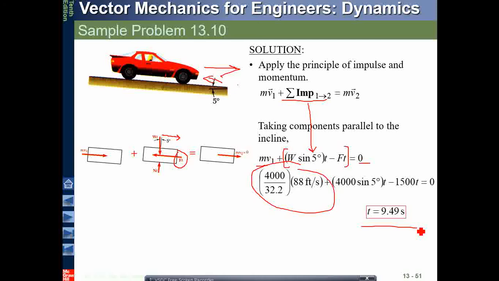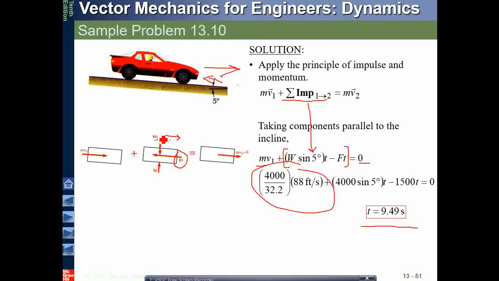If it had not been traveling at an inclination, the inclination would have been 0, then sine theta would have been 0, and there would be no impulsive force. However, since there is an inclination, explicitly there was no impulsive force, but since the weight of the vehicle was there, one component acts as an impulsive force.